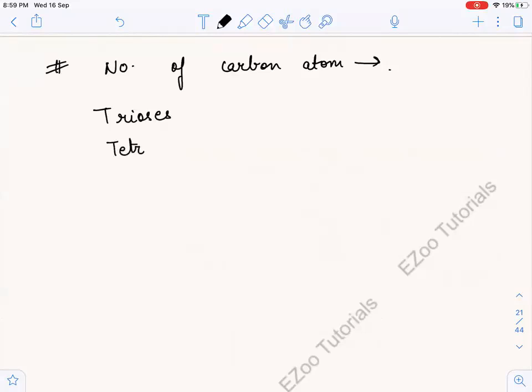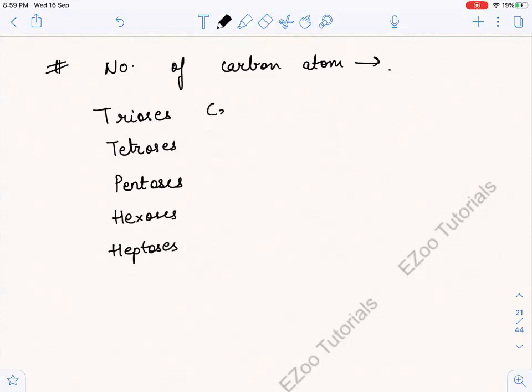Now, let us see what else we can classify monosaccharides on the basis of. On the basis of the number of carbon atoms, right? So there can be trioses, tetroses, pentoses, hexoses, and heptoses.